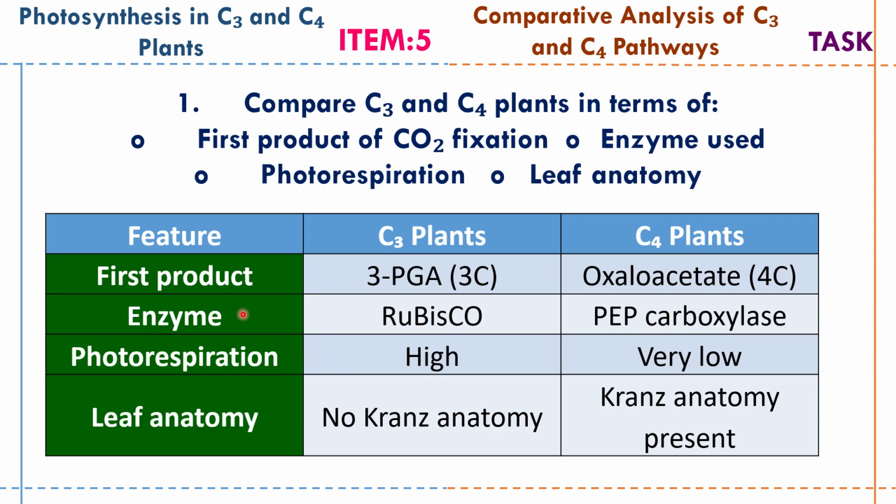The enzyme in C3 is Rubisco. The enzyme in C4 is PEP carboxylase. Photorespiration is high in C3 plants and very low in C4 plants. Leaf anatomy: no Kranz anatomy in C3 plants. Kranz anatomy present in C4 plants.